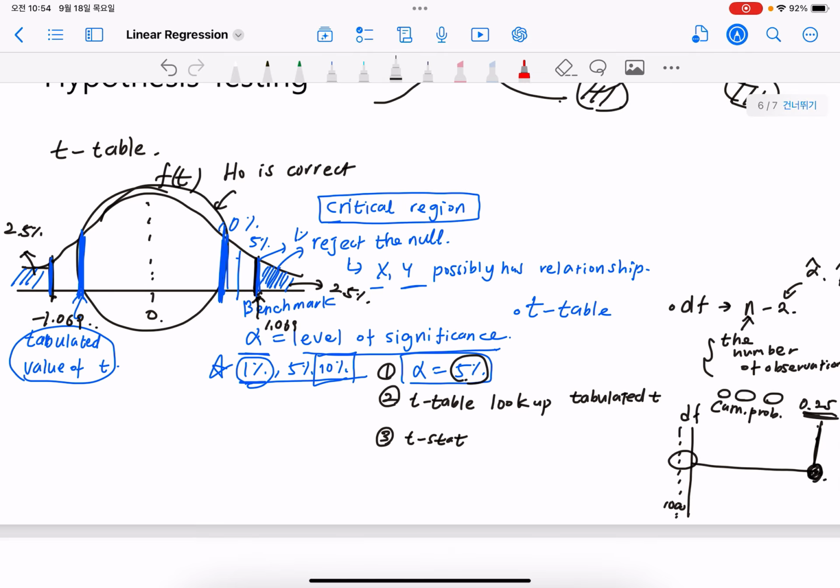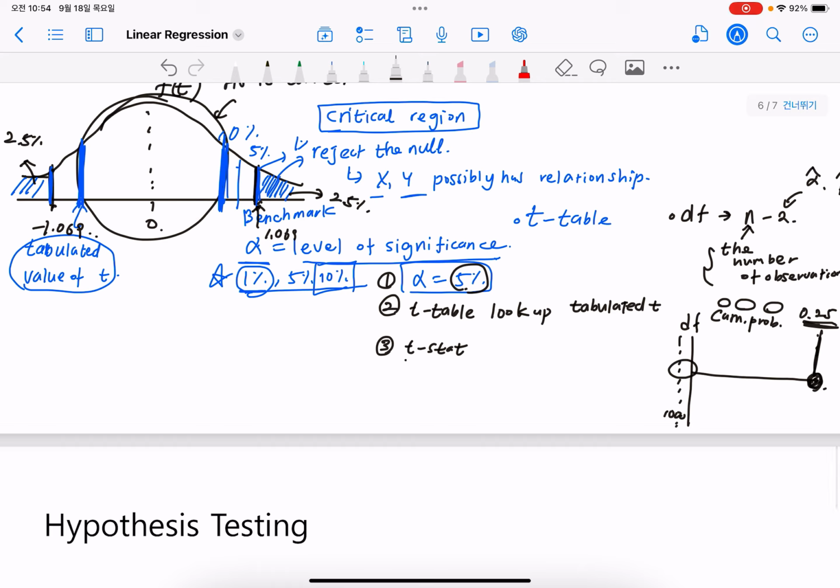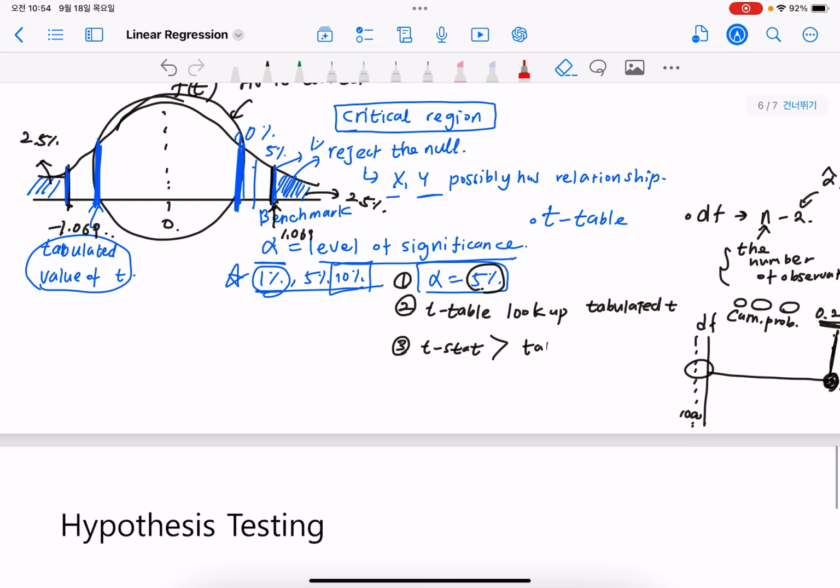And you want to make sure that this t-stat is greater than the tabulated value of t under the t table. Since the t-stat itself can be negative value, let me put the absolute value here.